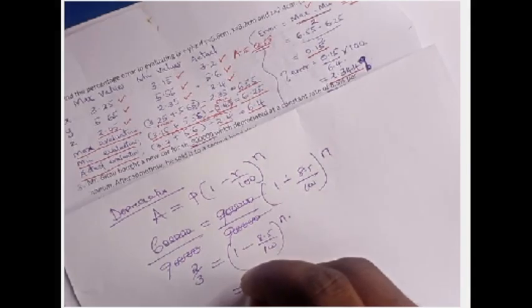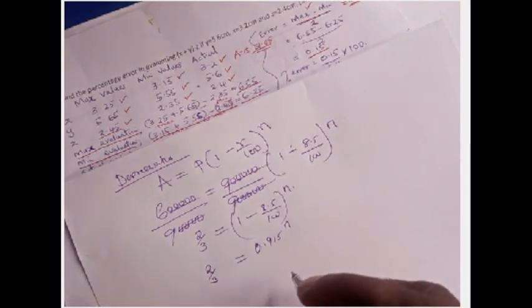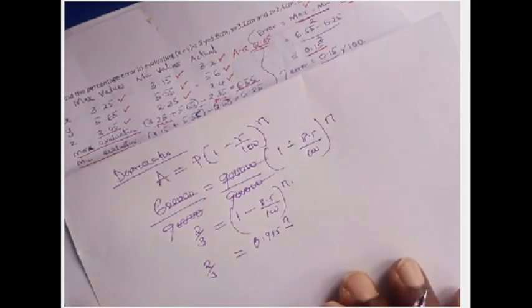Simplifying, we get 0.915 to the power of n equals 2 over 3. When we are finding the value of an unknown that is on the power side, we always introduce logarithms on both sides.